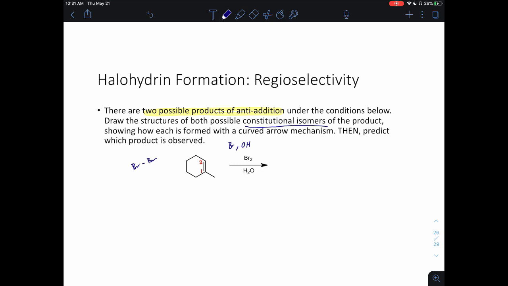When in doubt, draw a mechanism. So what we can say for sure is that pi CC attacks sigma star Br-Br, breaking the bromine-bromine bond, and then the non-bonding pair of electrons on bromine will attack back. Carbons 1 and 2 both form a bond to bromine at the same time, generating the bromonium ion.